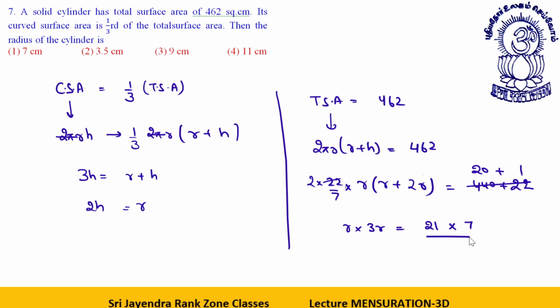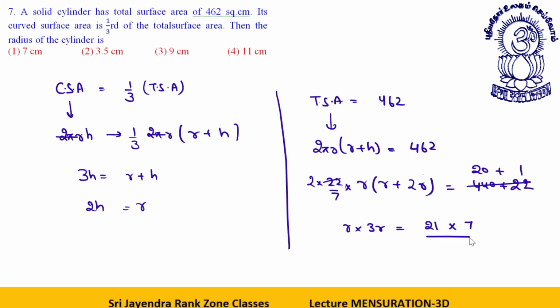So instead of h, I put r by 2. Okay, so this is like r into 3r by 2. Now things become easy. 3 cancels with 21 to give me a 7. So what I'm left with is r into r is equal to 7 into 7, or I can say r is equal to 7. Fine, dear students.